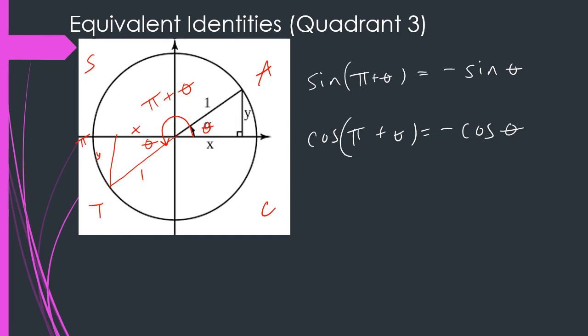And then tan would be equal to the positive version because only tan is positive down there. So tan of pi plus theta equals the exact same thing as the positive tan theta. And again, you can pick any acute angle you want for theta, plug it into your calculator, and you should get left side equals right side.